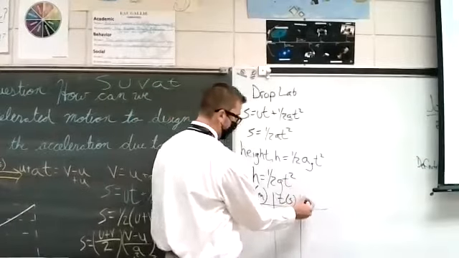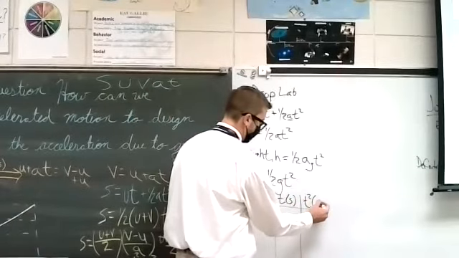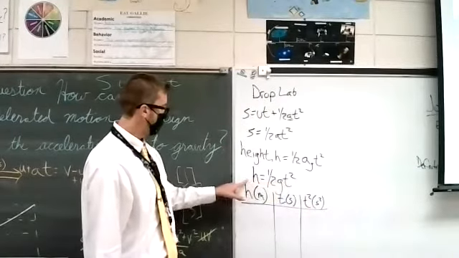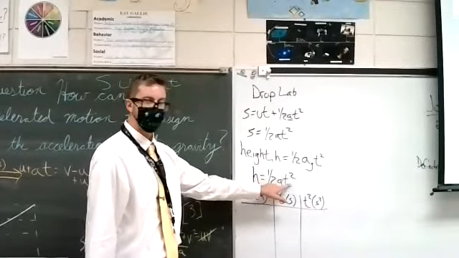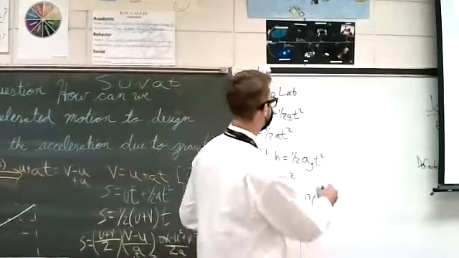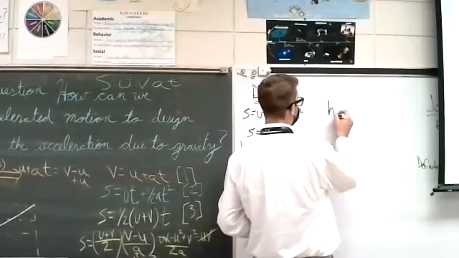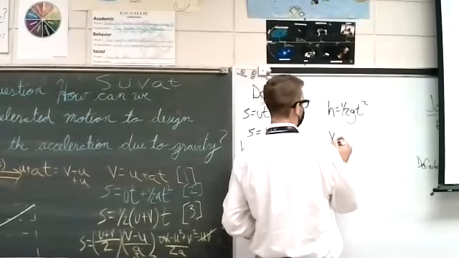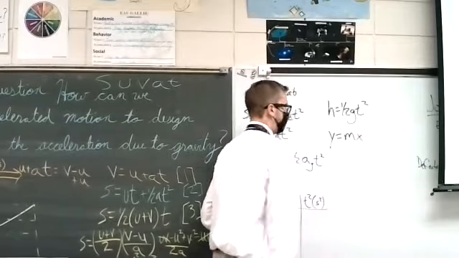But we really want to know t squared. Okay, that's what we actually want to know because we're going to graph y equals mx. So the goal here is to take our equation, h equals 1/2 gt squared, and think about it like a line.